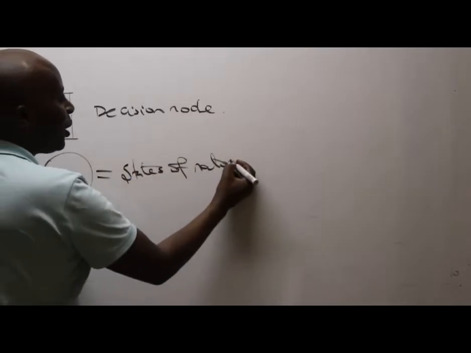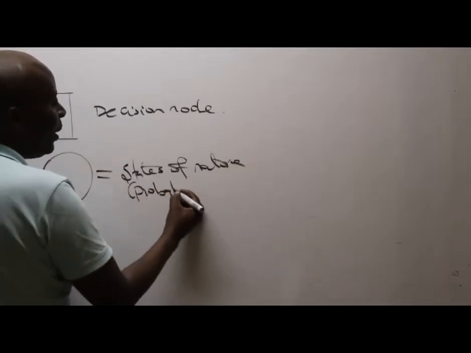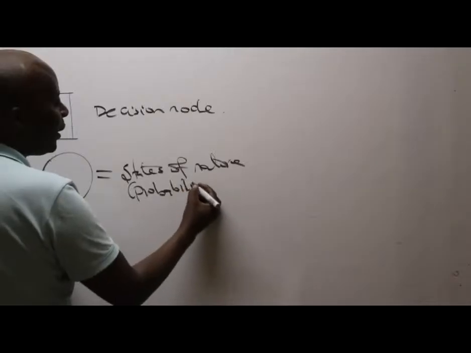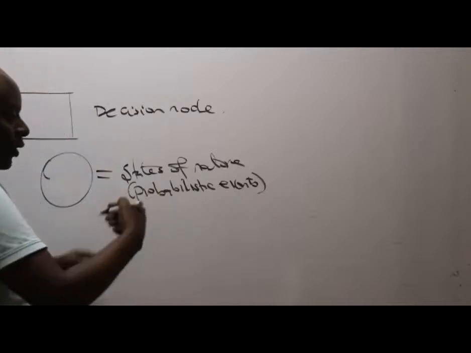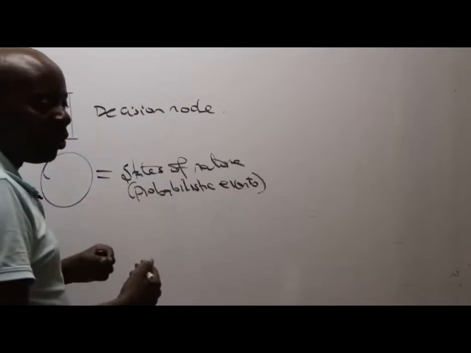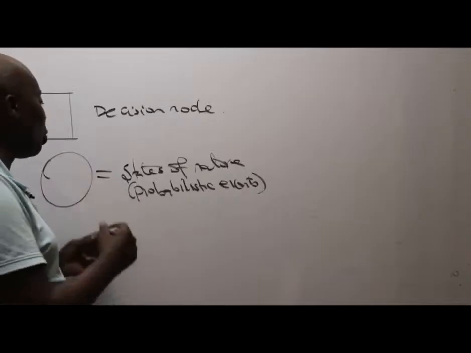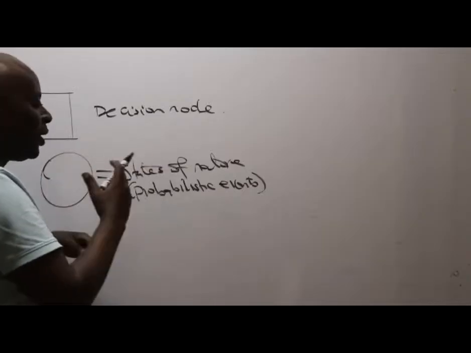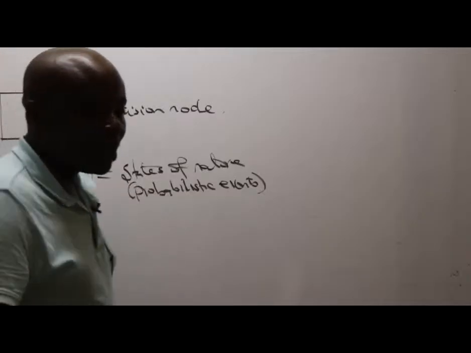The states of nature node is the one that carries the probabilistic events. All events which have probabilities will always be emanating out of a circle. Probabilistic events can go either way.